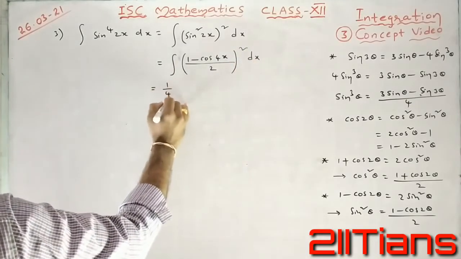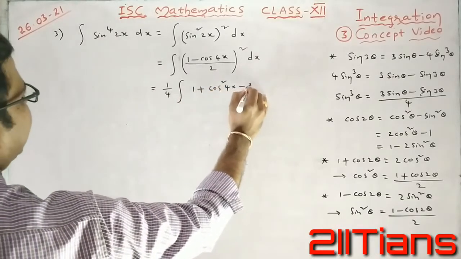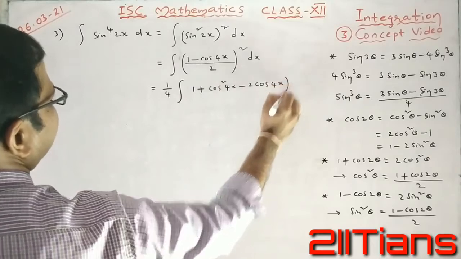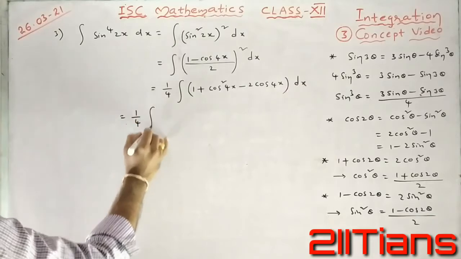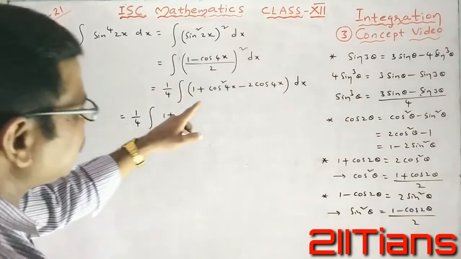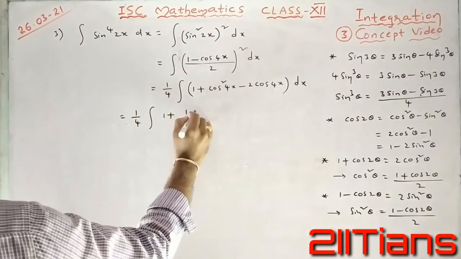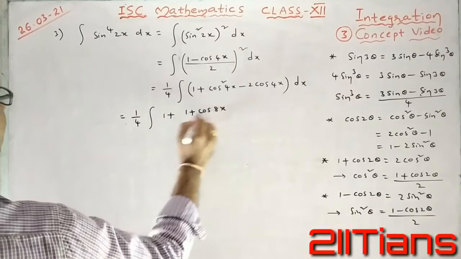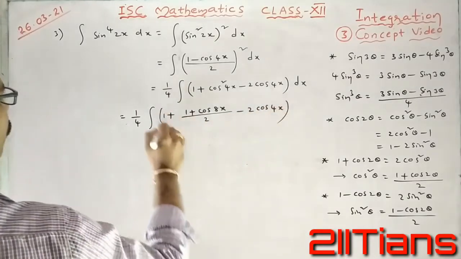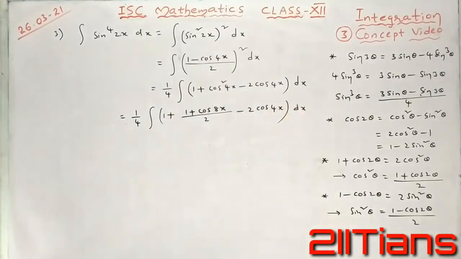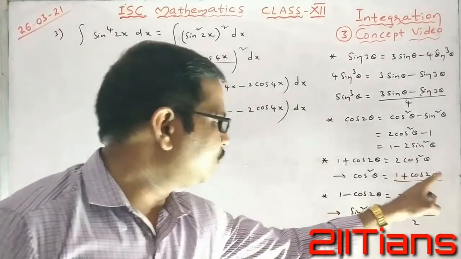So 1 by 4 will come, integral a square plus b square minus 2ab dx. Okay? 1 by 4 integral 1 plus, again cos square 4x we have. So 2 4s are 8 will come, right? So (1 plus cos 8x) upon 2, minus this we can write as it is. Hope it is clear. I repeat, cos square theta equal to (1 plus cos 2 theta) by 2.